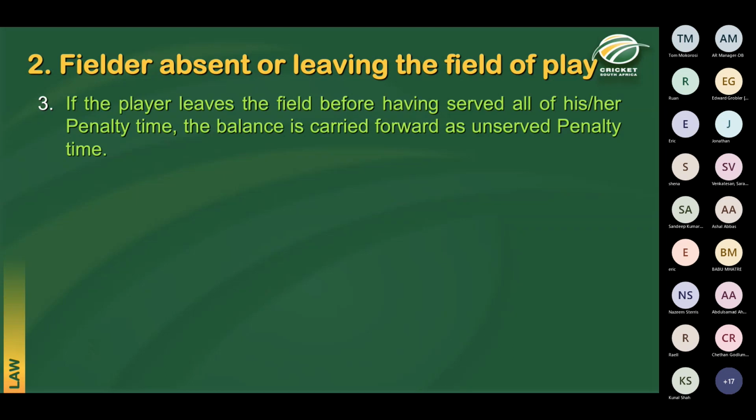If he's only on the field for 10 minutes and goes off the field at 11 a.m. and is off the field for, let's say, another 40 minutes, law tells us that we're going to add that 20 minutes that he owed us at 11 a.m. and we're going to add it to his new or his second time off the field, which is 40 minutes. So when he comes back on for the second time, he will owe us 20 plus 40 minutes, which is an hour, 60 minutes. Okay.